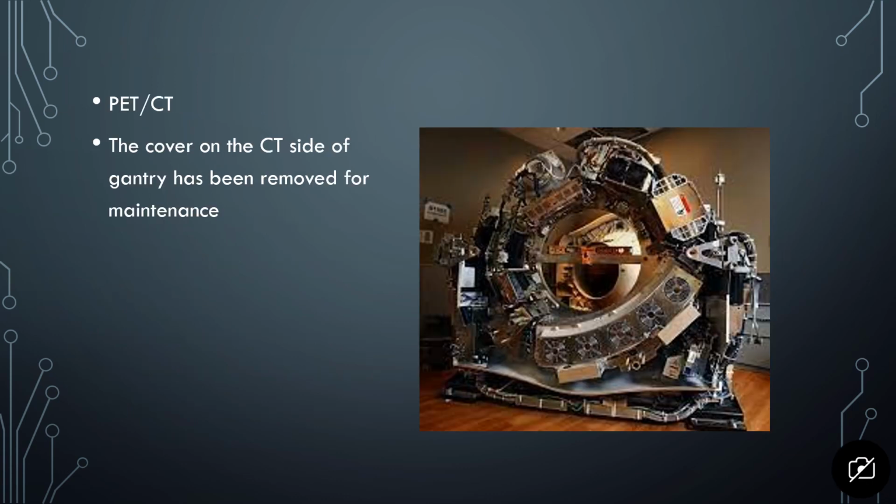So this is a CT scanner that's naked. This is a CT scanner with its cover off. This is your detector array, and then your X-ray tube is up here. It's going to be opposite of it, because here's the patient table where the patient would lie.